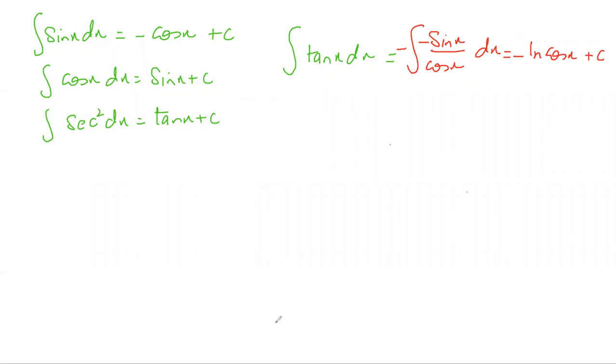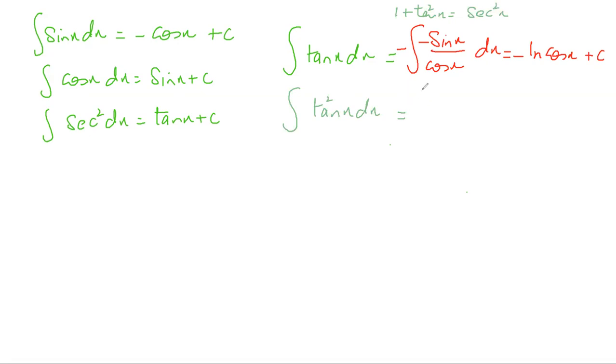Similarly, suppose you have been asked to integrate tan square x. Again, we can't say this is tan cube over 3. No, not at all. So you have to use the identity that 1 plus tan square x is secant square x.